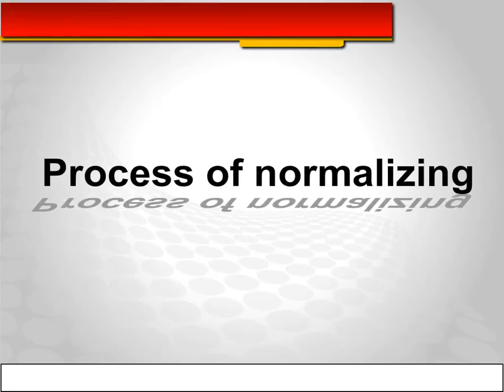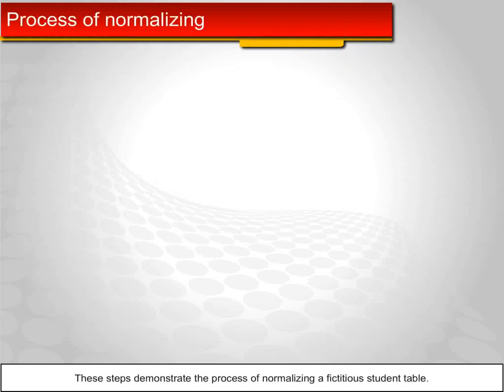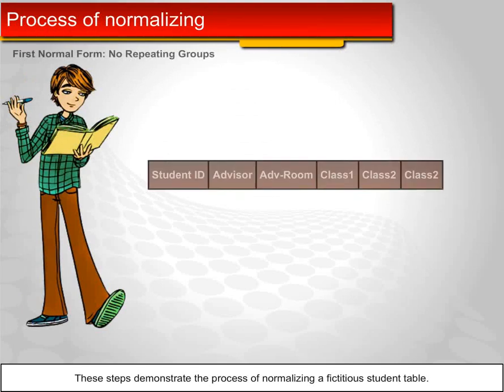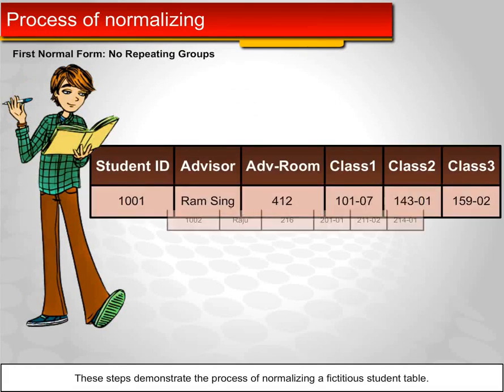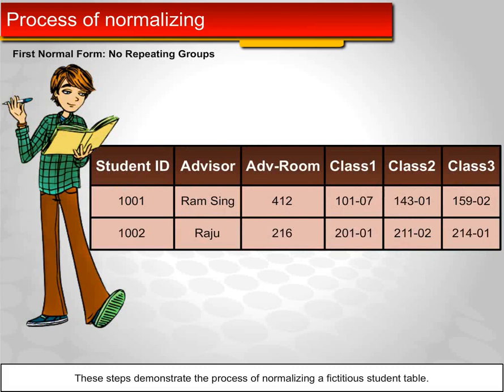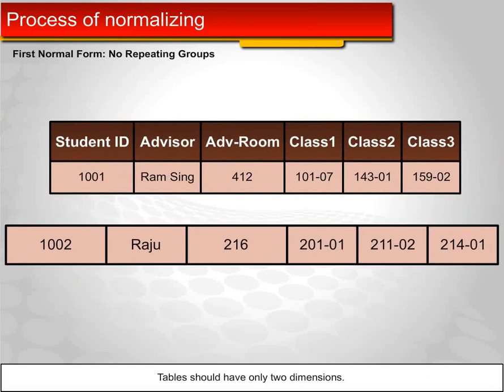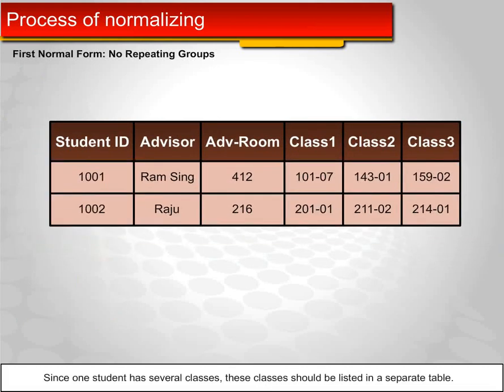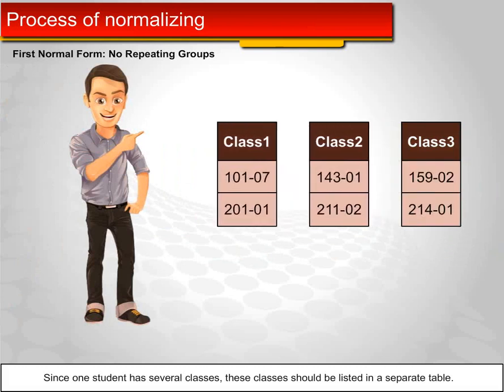Process of normalizing. These steps demonstrate the process of normalizing a fictitious student table. First normal form: no repeating groups. Tables should have only two dimensions. Since one student has several classes, these classes should be listed in a separate table.